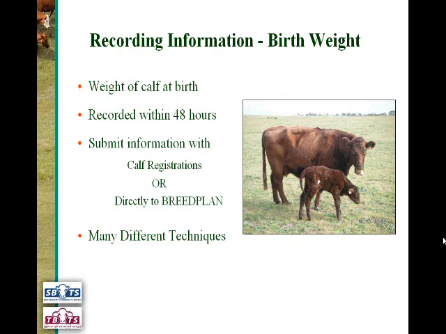Generally that means if you miss them one day, then you'll get them the next day. After about 48 hours, we start getting significant differences in the weight of that calf from what it was at birth, so it starts to become not so useful for the Breedplan analysis. As a general rule, which I've heard people use, if you can still catch the calf, then you can still take a weight on it.